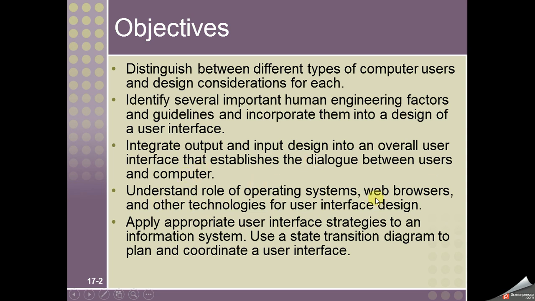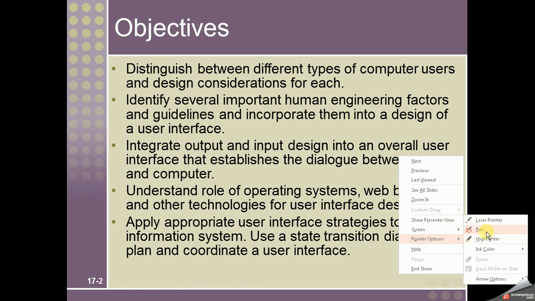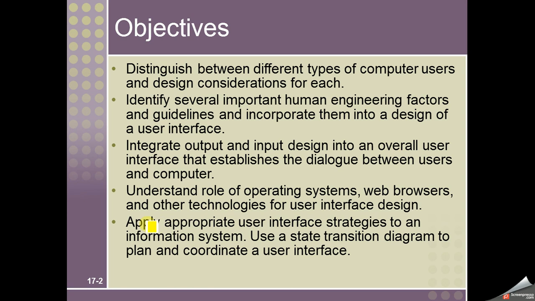Understand the role of operating system, web browsers, and any other technologies for user interface design. And finally, we'll talk about the appropriate user interface design strategies, and we'll especially talk about a technique called state transition diagram to plan and coordinate a user interface.